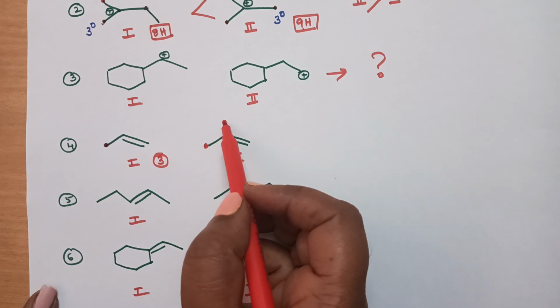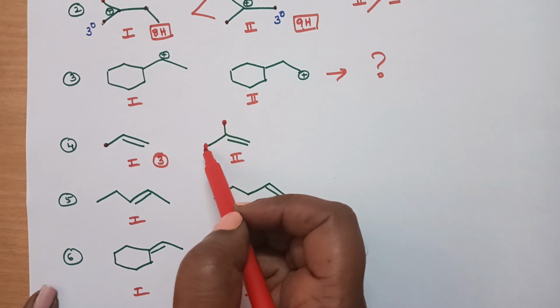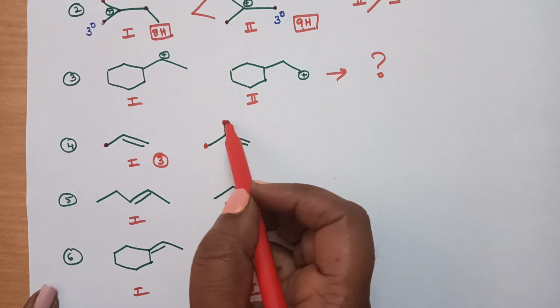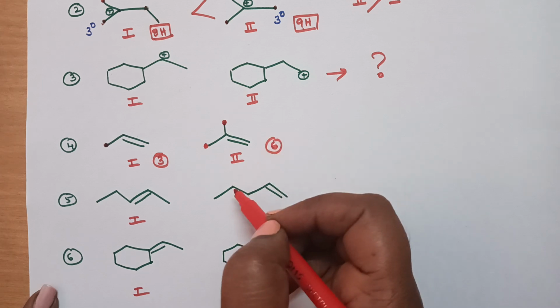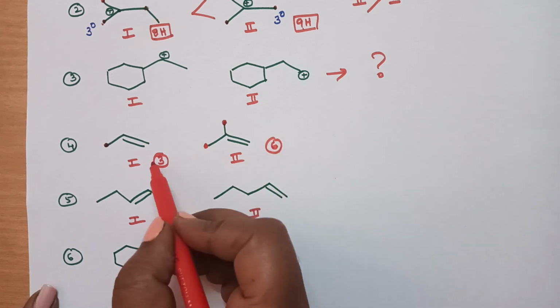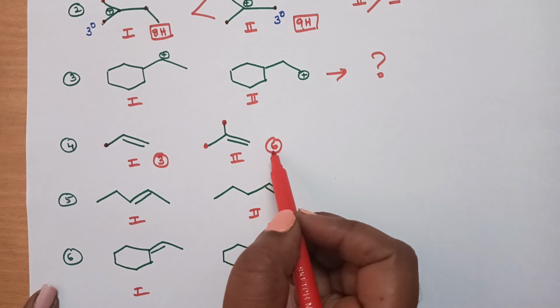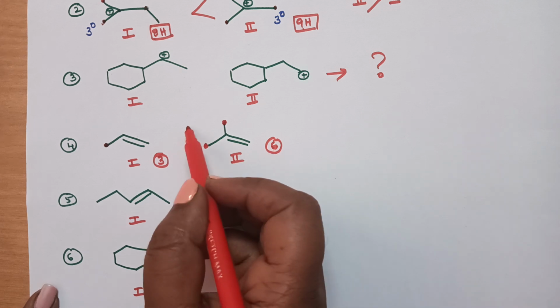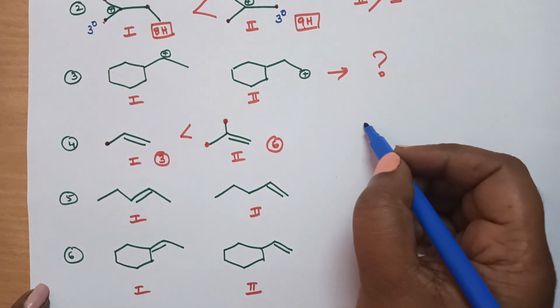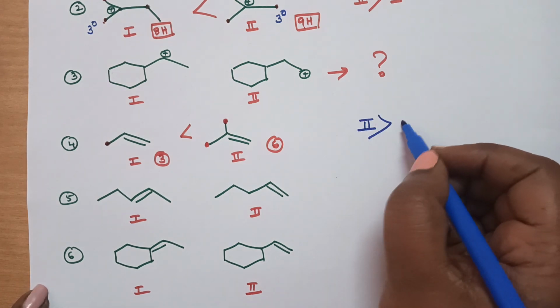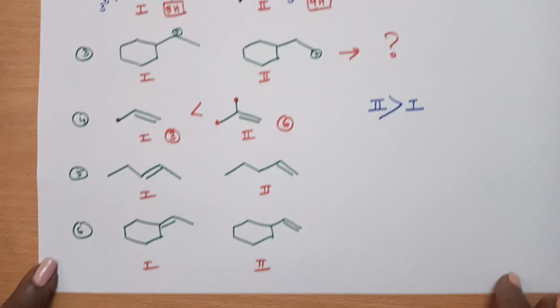So this carbon will have 3 alpha hydrogen, this carbon will have 3 alpha hydrogen. 3 plus 3 it will be 6. So 6 alpha hydrogen atoms are present. Which is more stable? More alpha hydrogen atoms, therefore 2 will be more stable. So here we can write structure 2 is more stable than structure 1.